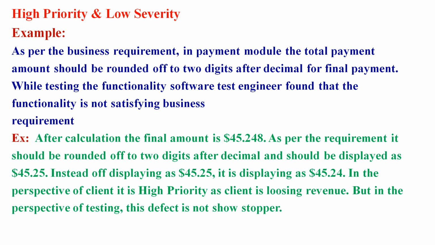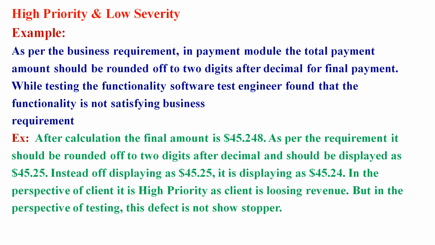But here there are 2 criteria. One is, in the perspective of testing, the software test engineer has found the defect, but his testing activities are not stopped. That means the severity level for this defect is very low.